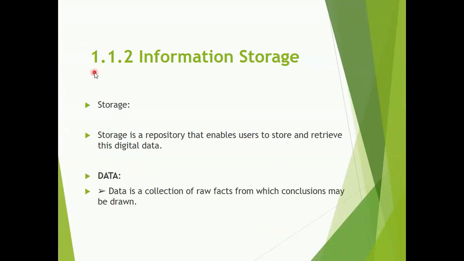So now let us see what is information storage. Before knowing information, you have to know what is data. The data is a collection of raw facts from which conclusions may be drawn. So for example, you are getting the results, maybe 6th semester results are out. Your marks are being entered in rows and columns.